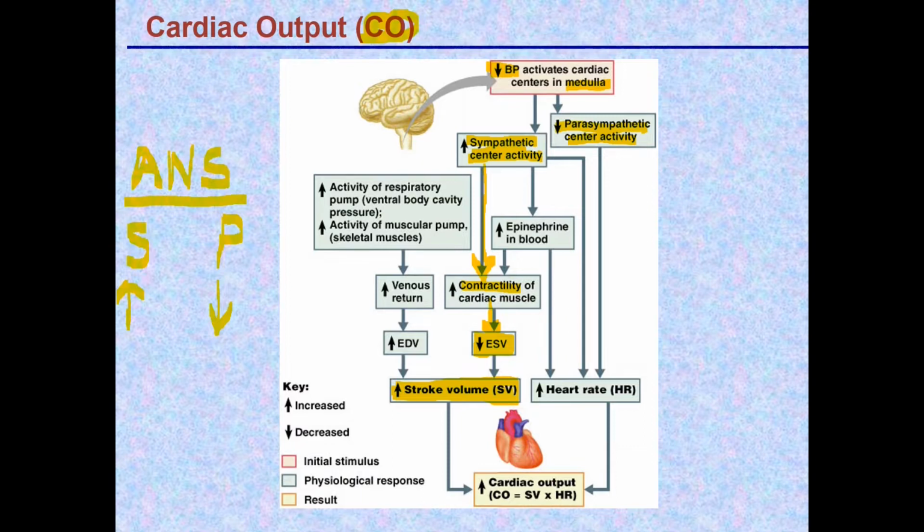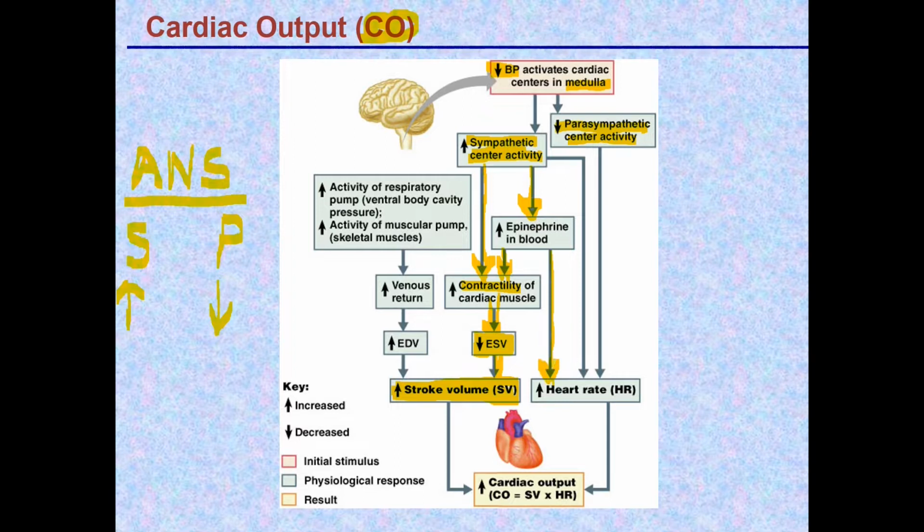The other thing that happens with increased sympathetic activity is you get release of epinephrine into the blood. Epinephrine and adrenaline are the same neurotransmitter. That also causes increased contractility of the heart muscle and the associated effects there. And it also causes an increase in heart rate.